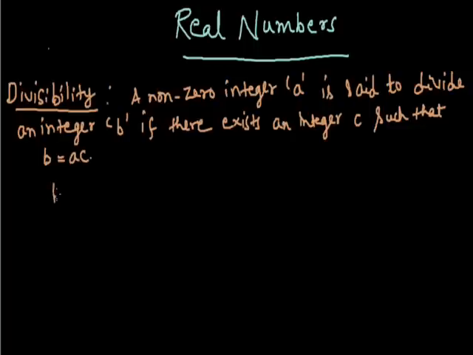Here b is called dividend, integer a is called divisor, and c is called quotient.